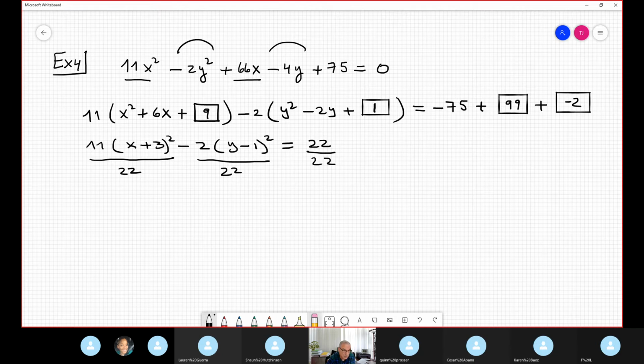So our equation, nice, expressed in standard form is (x plus 3) squared over 2 minus (y minus 1) squared over 11 equal 1.